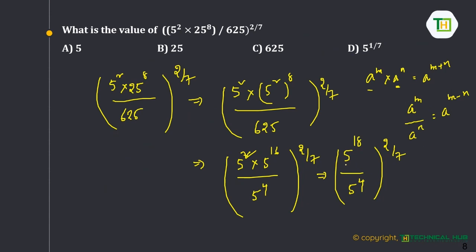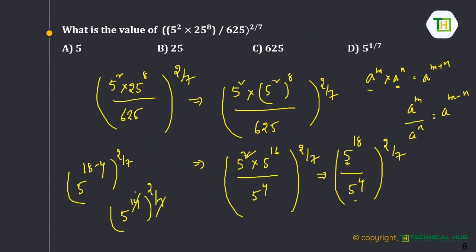Numerator and denominator bases are the same, so you can subtract the powers. So it becomes 5 to the power of 18 minus 4 whole to the power of 2 by 7, so 5 to the power of 14 into 2 by 7.